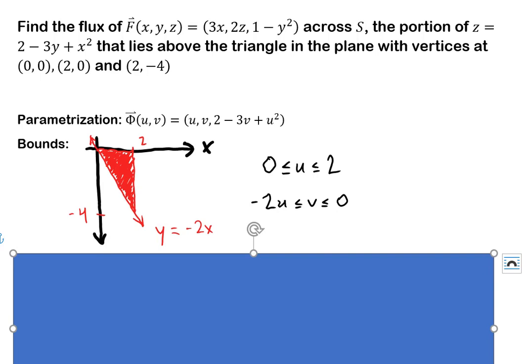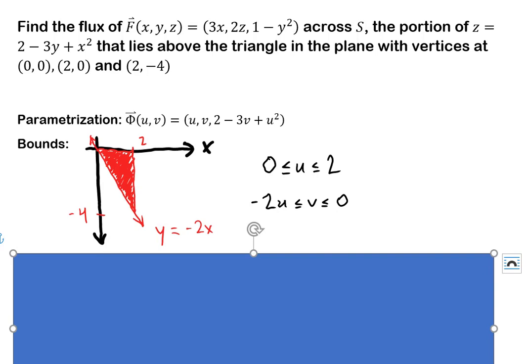So we're going to use this red region to come up with our bounds for u and v. We find that for any point in this red triangle, as the x-coordinates, or the u-coordinates, since u is equal to x, go from 0 to 2, the v-coordinates, since v just took the place of y, start at minus 2u, and they go up to the x or the u axis.